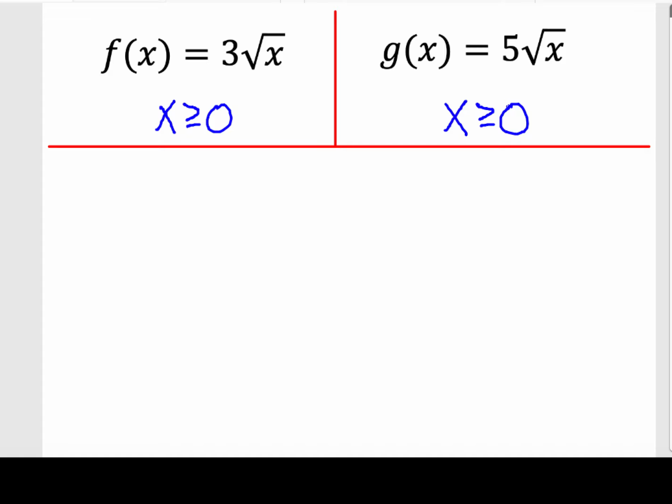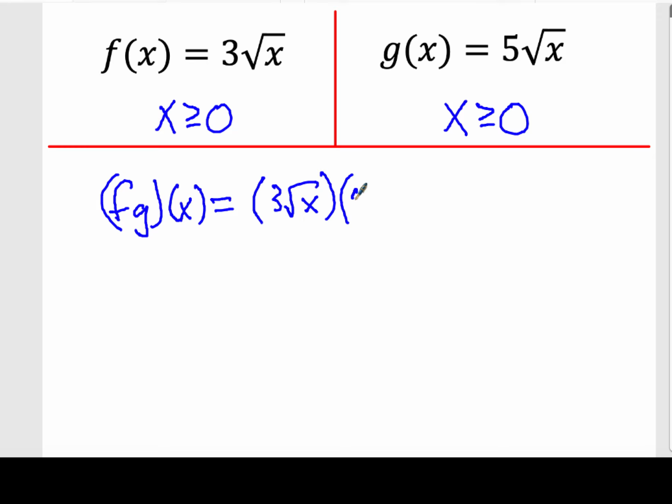We can't plug in negative numbers or we won't get back real answers. But what if we went to find f times g of x? Well, that's going to be 3 square root of x times 5 square root of x, which basically comes out to 15 square root of x squared, or 15x.